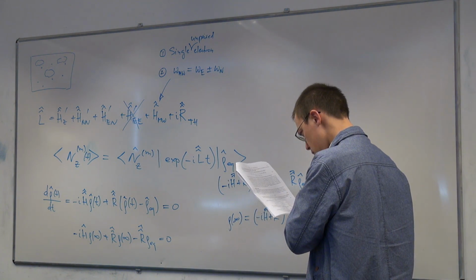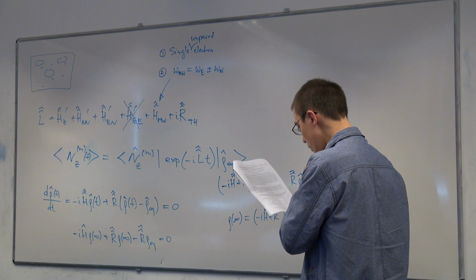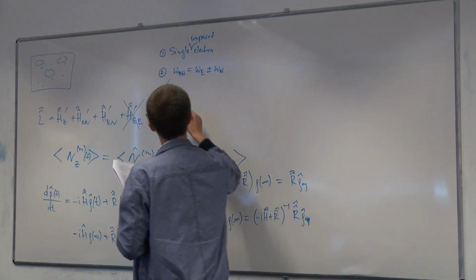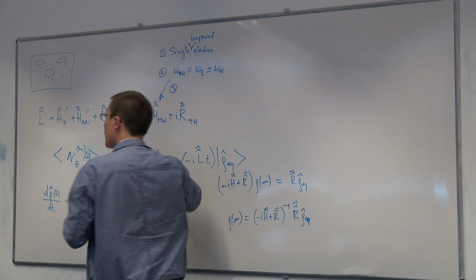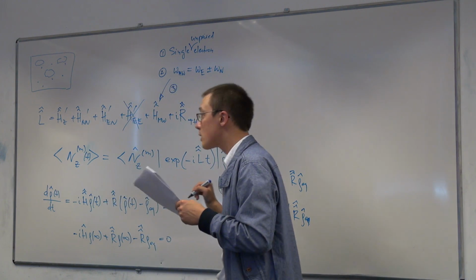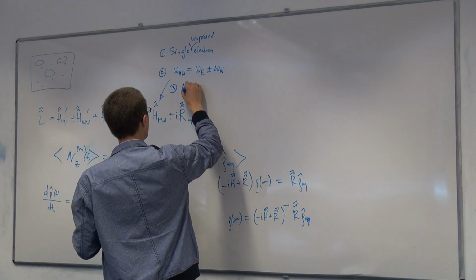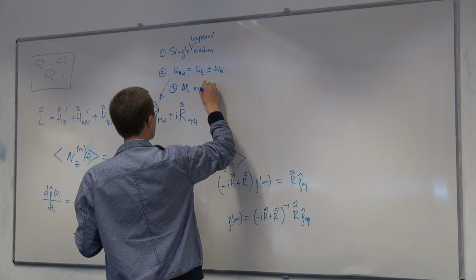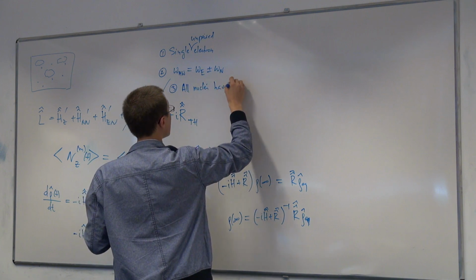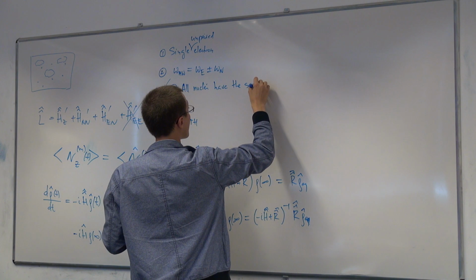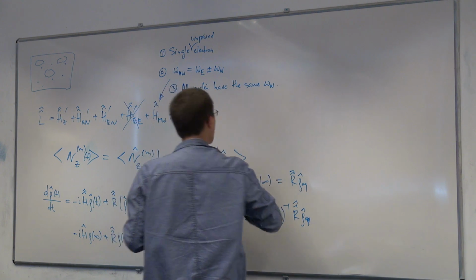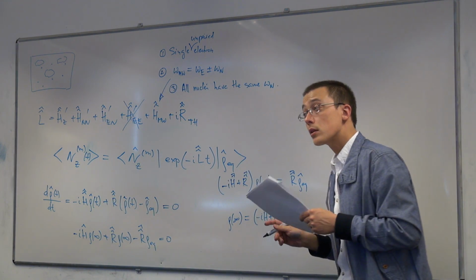Right, so that's our first assumption, that's our second assumption. There was a third assumption saying that we will further assume that all nuclei have the same Zeeman frequency, the same omega n. In the general case, this is manifestly untrue.